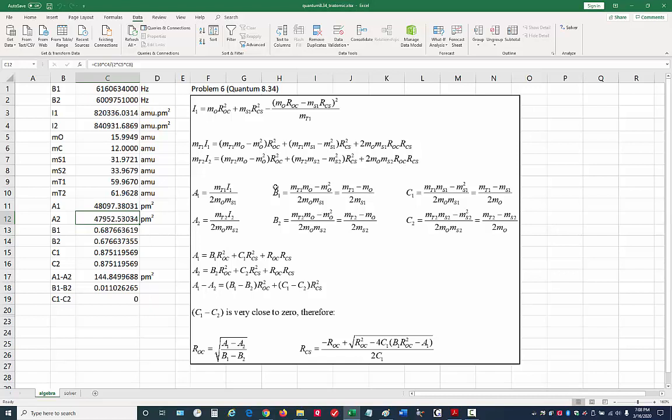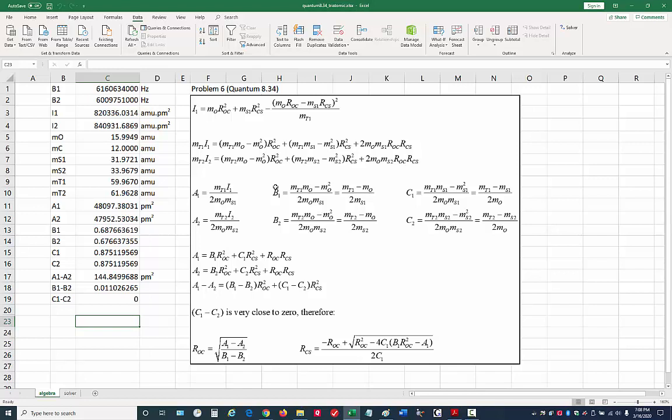And there's A1 minus A2 and B1 minus B2. And so this would then, once you plug in those numbers, give you the same results that solver would, but it would be by solving the algebra rather than just numerically solving for the equation through solver.